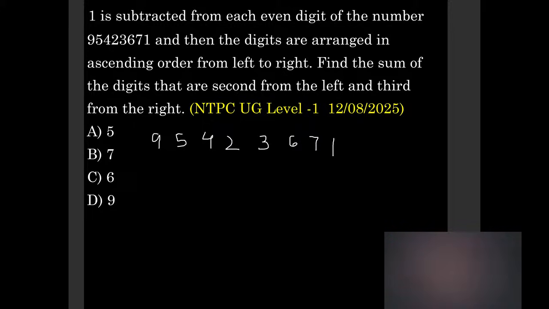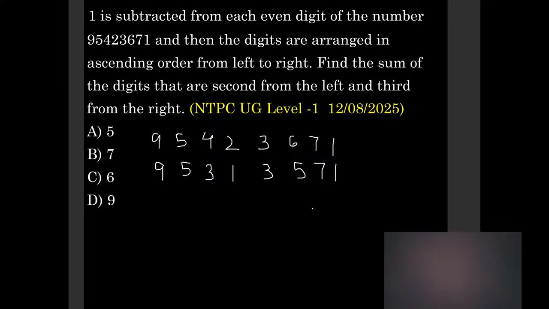So subtracting 1 from each even number, the numbers become: this is odd, so 9, this is also odd, 5, this is even, so I subtract 1, which becomes 3. Next, 2 is also even, so I subtract 1, and this becomes 1. Next, 3 is the same because that is an odd number, 6 is even, I subtract 1 from it, so this becomes 5. Next, 7 is odd, so it stays the same. 1 is also the same, so this is our new number. I subtracted 1 from each even digit of the number.